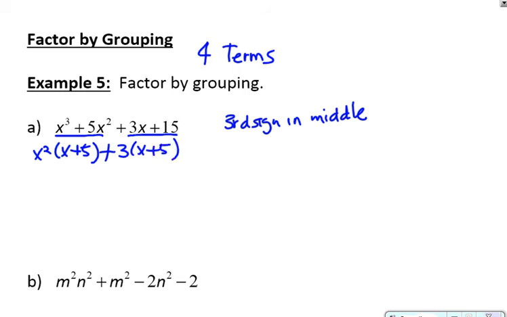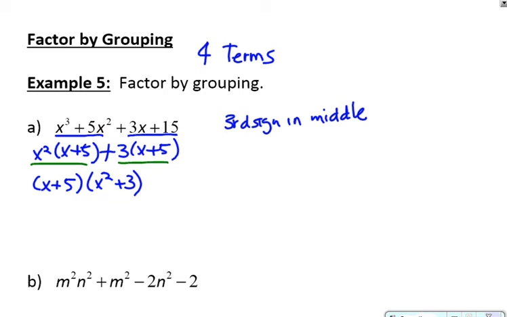So now I've taken my 4 terms and narrowed it down into 2 terms, here plus here. And what they have in common is the parentheses x plus 5, which I factor out and leaves me with x squared plus 3. So my sum of 4 terms is now turned into a product of 2 parentheses.